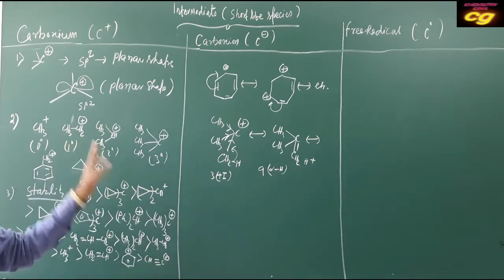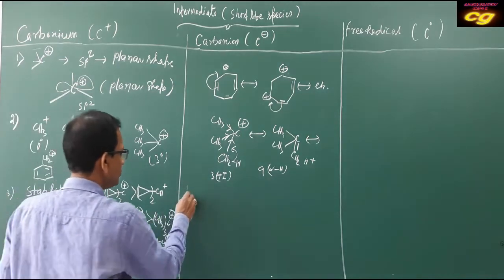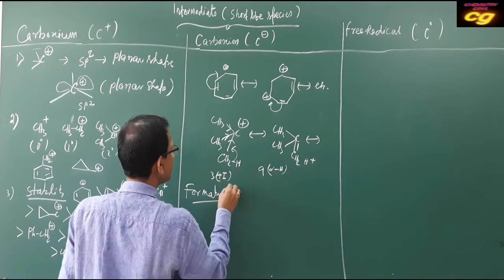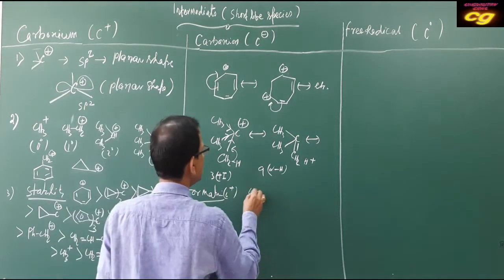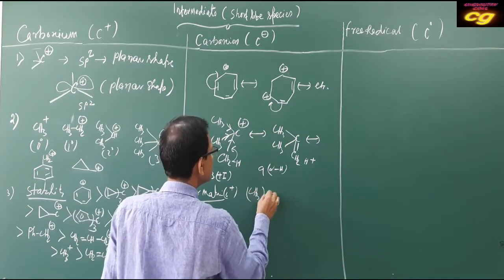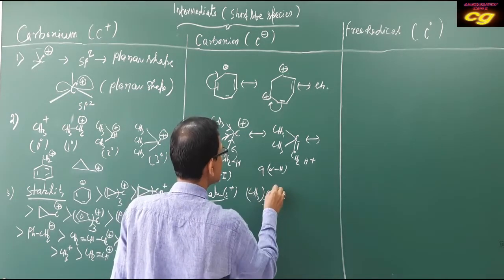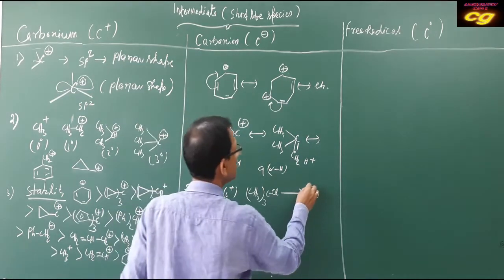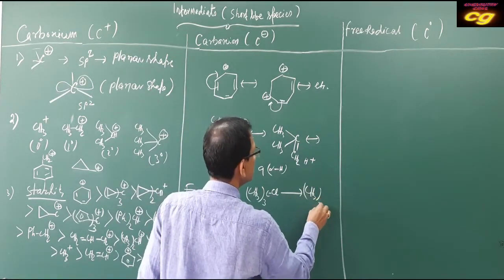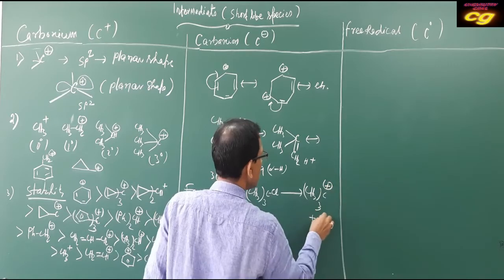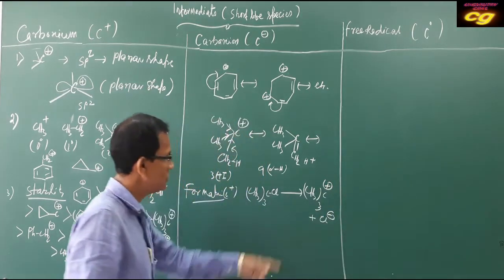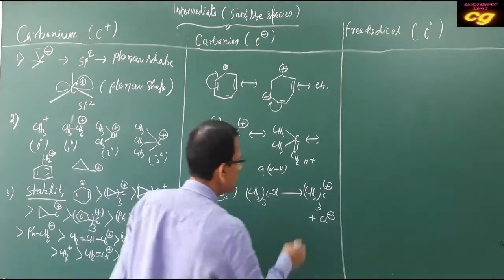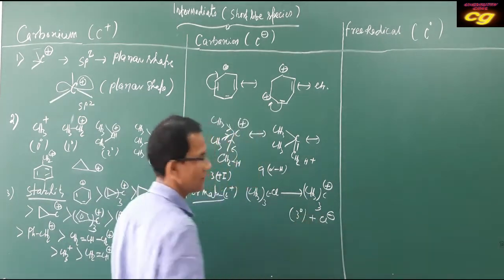And now the formation of carbocation. For example, CH3 whole 3 C-Cl: when this Cl breaks, it produces (CH3)3C plus and Cl minus. So this is the formation of tertiary butyl carbocation, that is a tertiary carbocation.